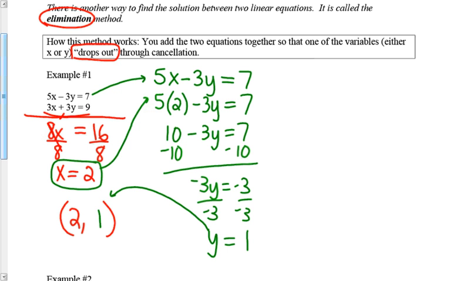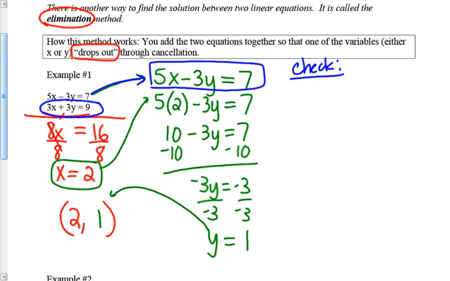Now, since I already used this top equation to figure out the y value, to check your answer, you're going to use the other equation. So if you use the first one to figure out y equals 1, then you want to use the second one to check it.